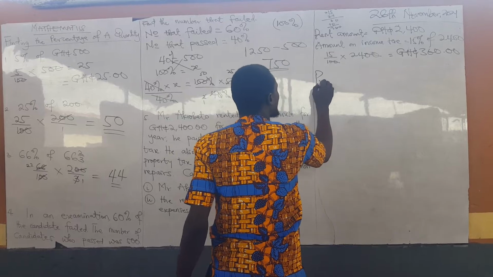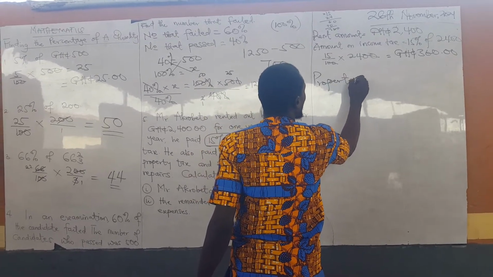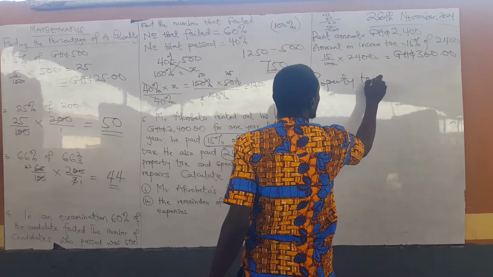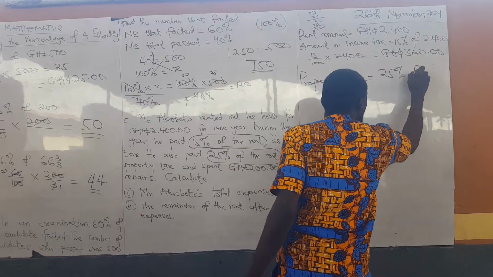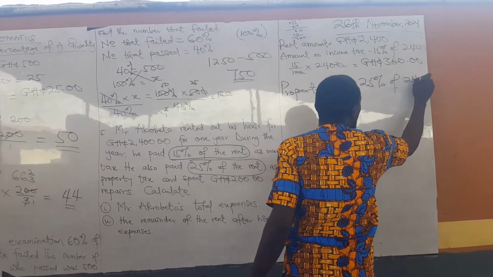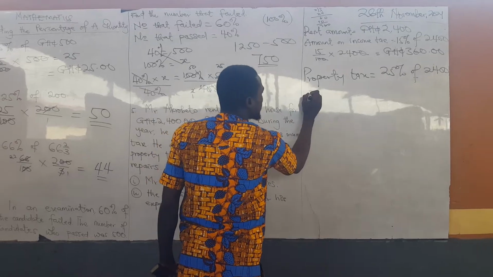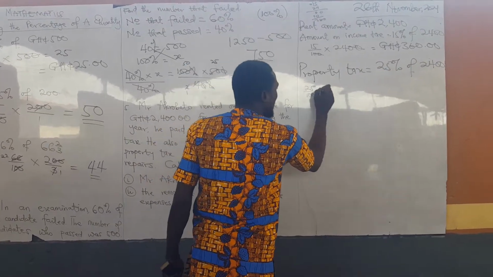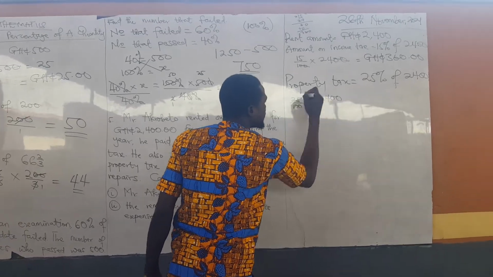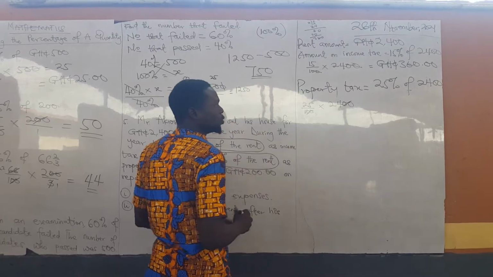So we are also going to find the amount spent on property tax, and that one is 25% of the rent, 2,400. So we are going to multiply 25%, which is 25 over 100, times 2,400. These two zeros will cancel these two zeros.